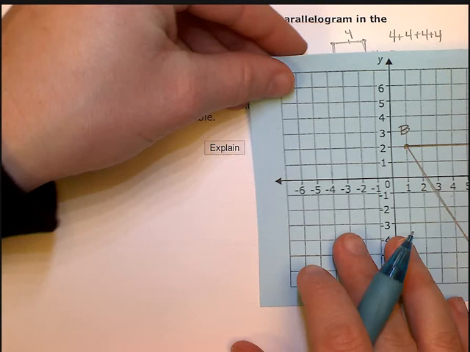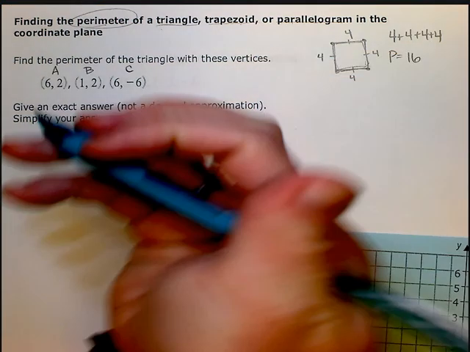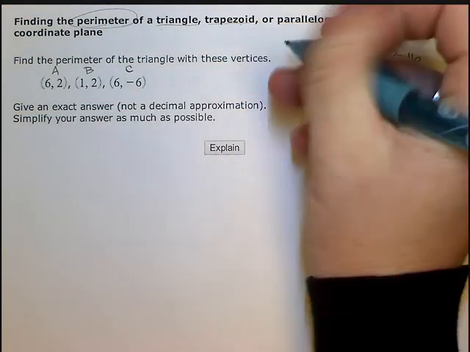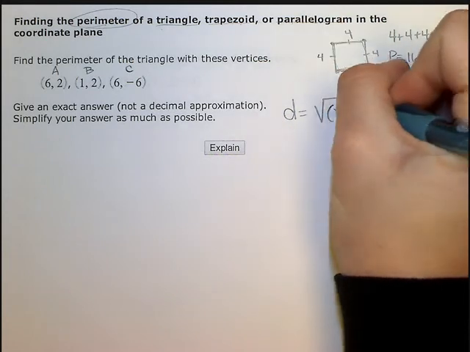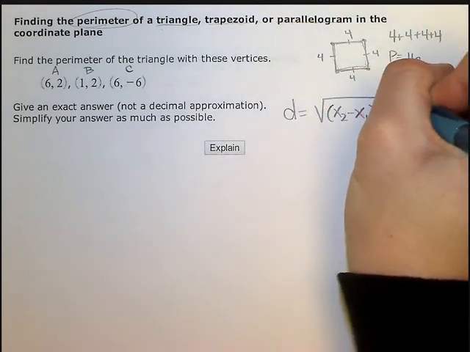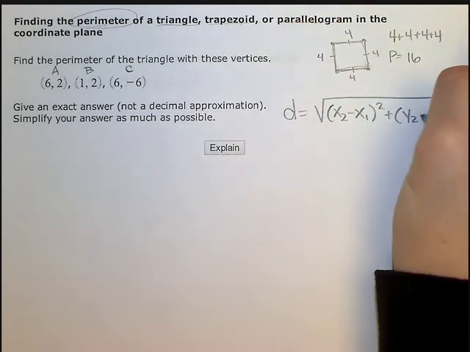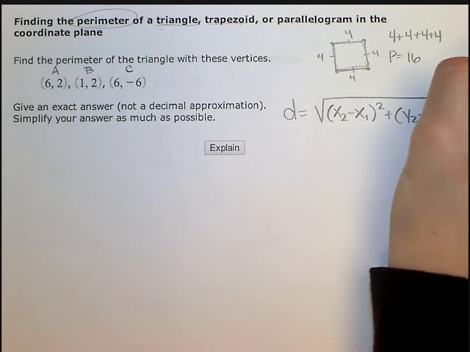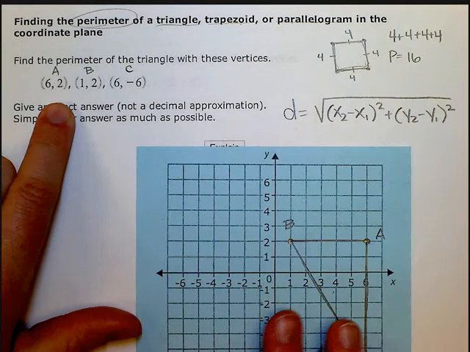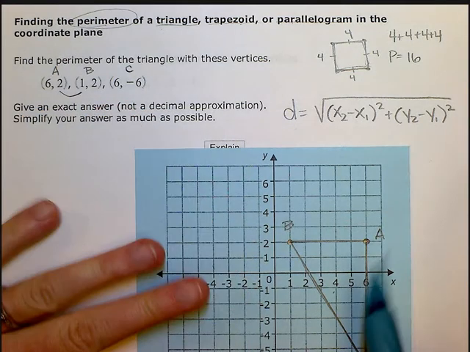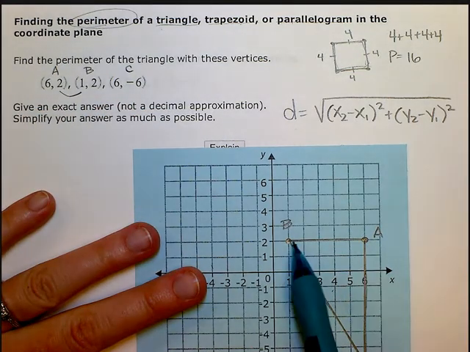Okay, so the distance formula, just as a reminder, is the distance is the square root of the differences in x values squared plus the differences in y values squared, all under the square root. Okay, so I'm going to first find the distance between points A and B using the distance formula.